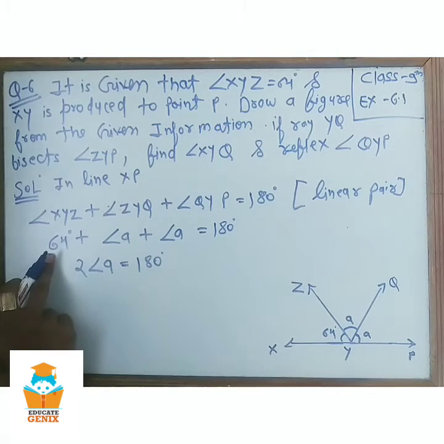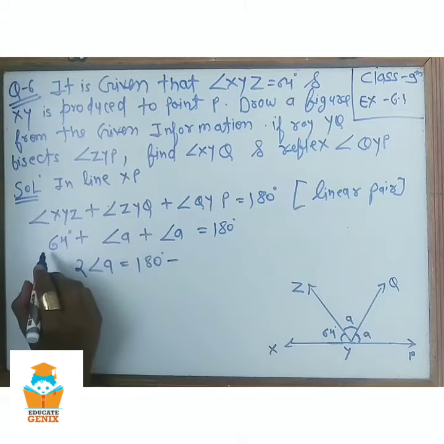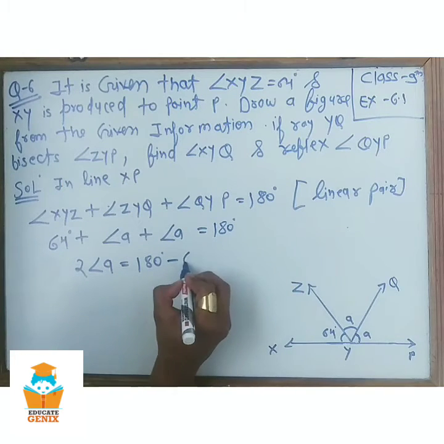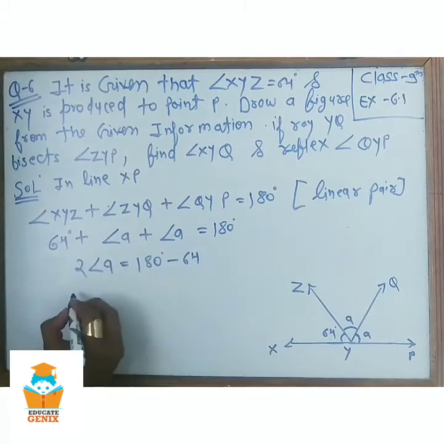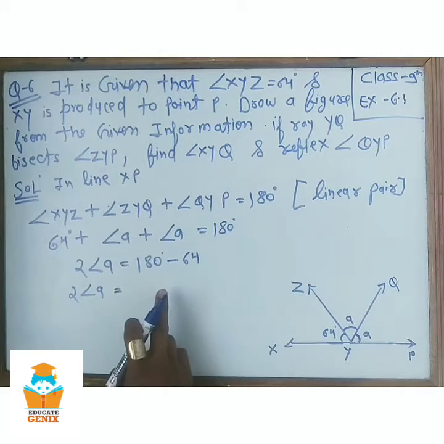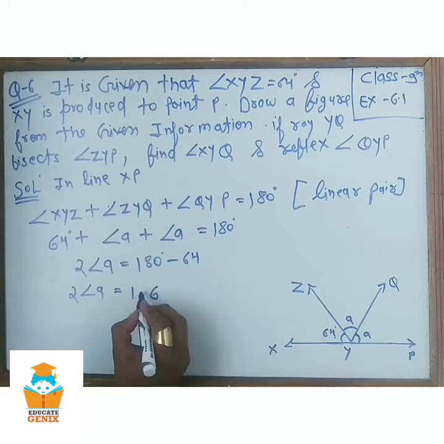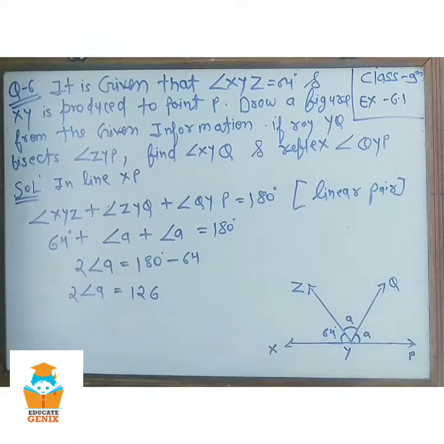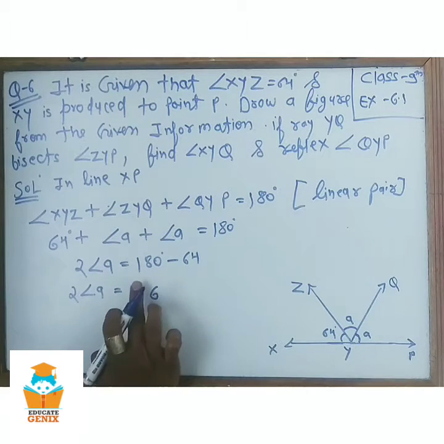Therefore, we shift this 64 to that side, and angle A plus angle A equals 2 angle A. Therefore, 2 angle A equals 180 degrees. As we shift this 64 to that side, plus 64 becomes minus 64. Therefore, 2 angle A equals 180 minus 64, which is 126. I'm so sorry, 116.